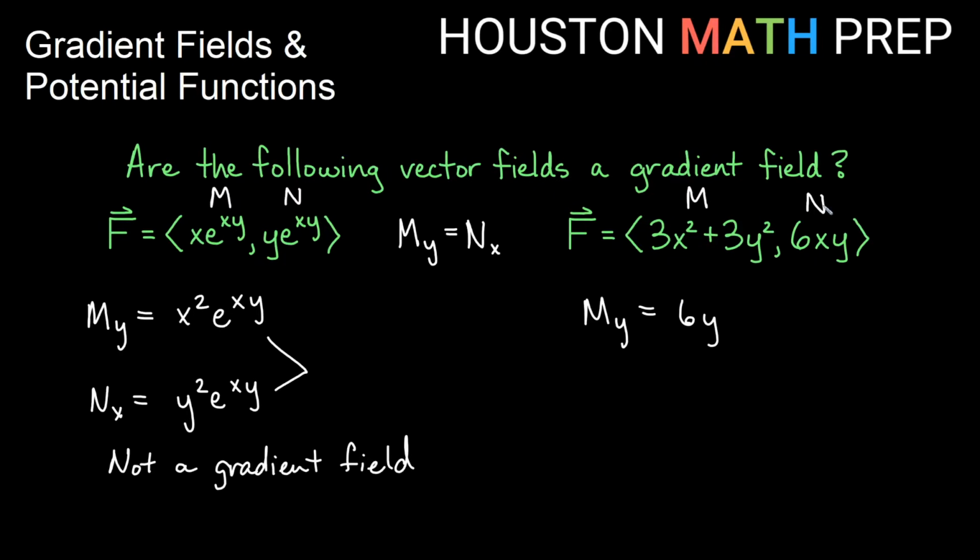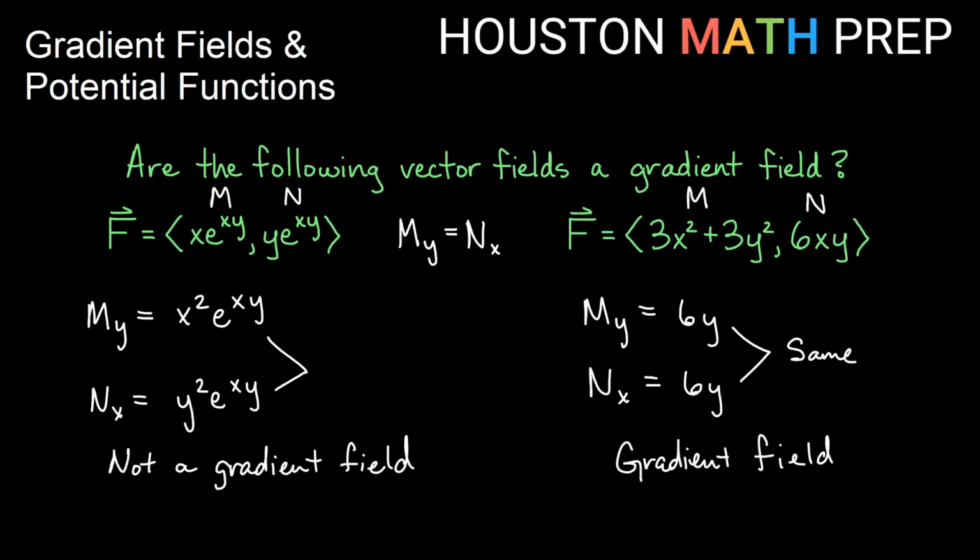If I look at n here, 6xy, and I take the derivative with respect to x, then this x drops off and I get 6y, and these are now the same. So since these are the same, they're equal to each other, then that means this is a gradient field.